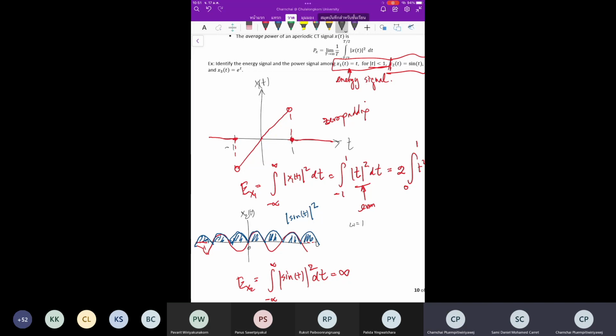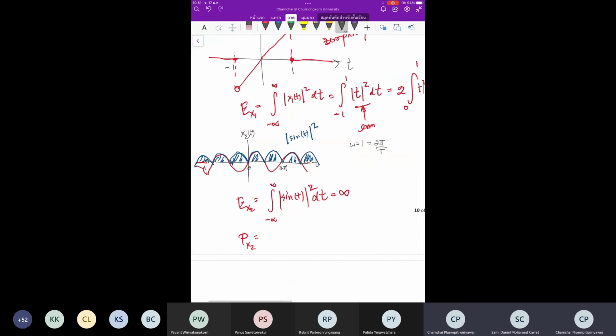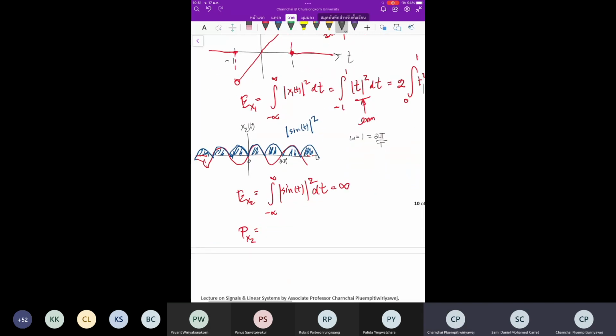Omega is equal to 1, which is equal to 2 pi over capital T. Actually, T is 2 pi. Yeah, it's 2 pi, right? So in this case, we're going to have 1 over 2 pi.